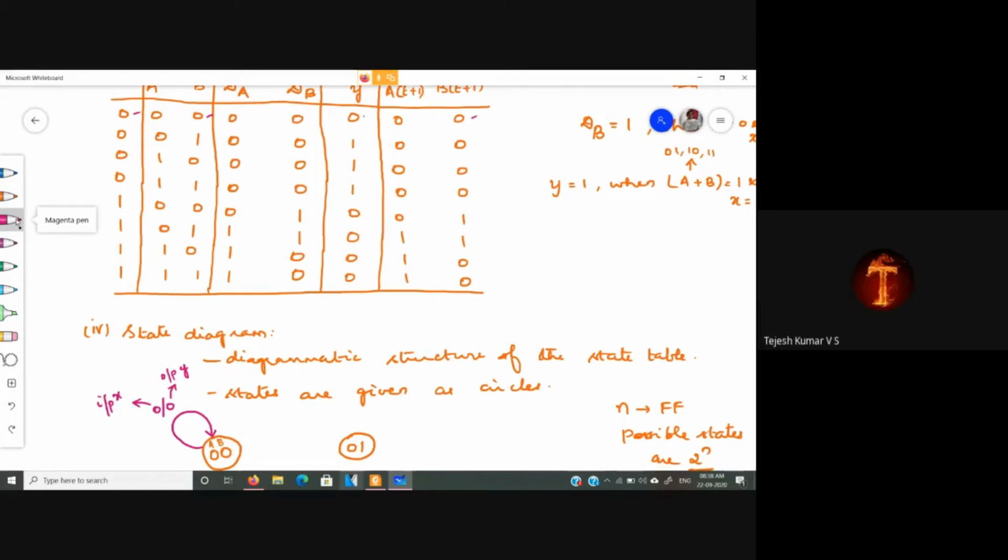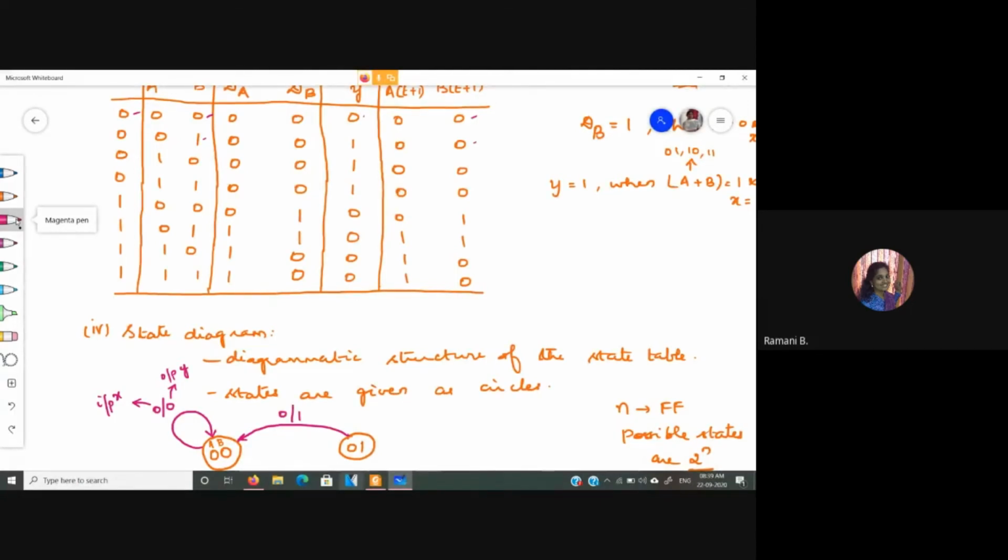Yes, ma'am. Okay, so now the same way we do for all the values in the table. Next, for input 0 and present state 0 1, our next state is 0 0 and output is 1. So we give an arrow from 0 1 to this. The input is 0 and the output is 1.